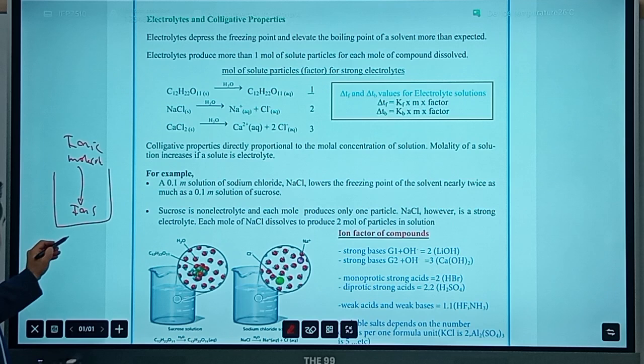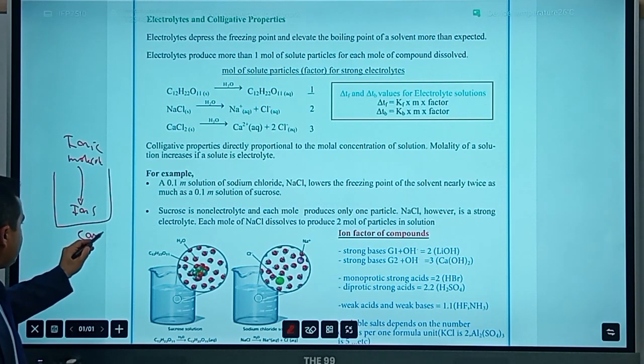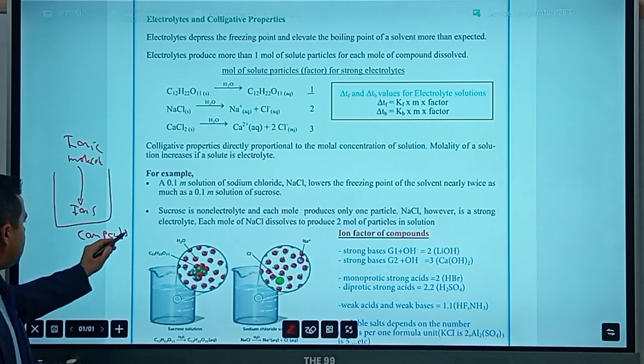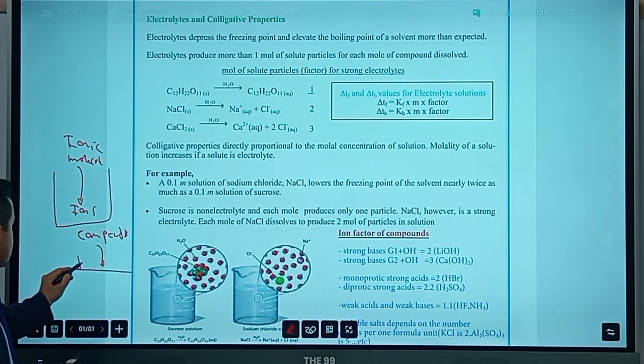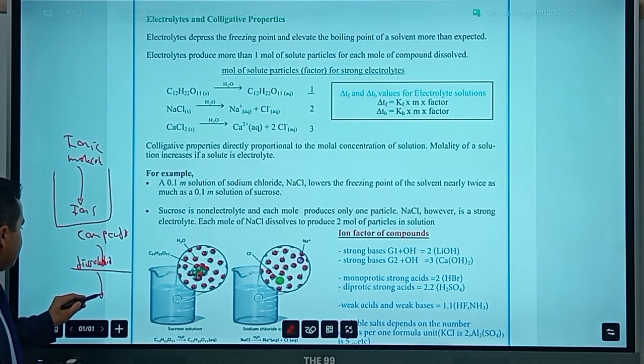So we have 2 processes. When we add the compounds, first of all, they undergo the process of dissolution, and second, they undergo ionization and dissociation.